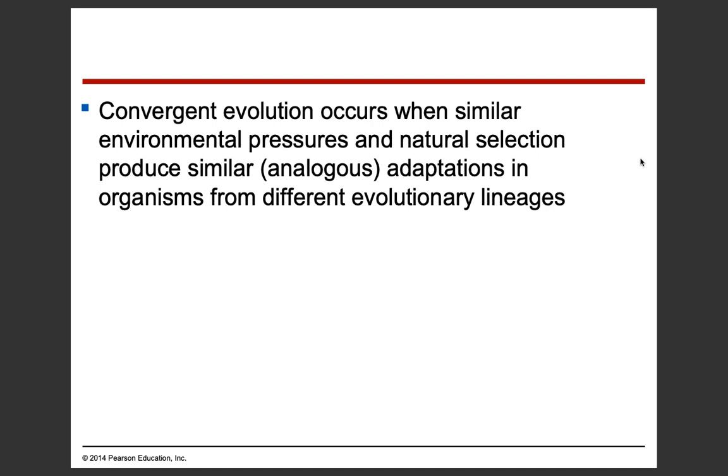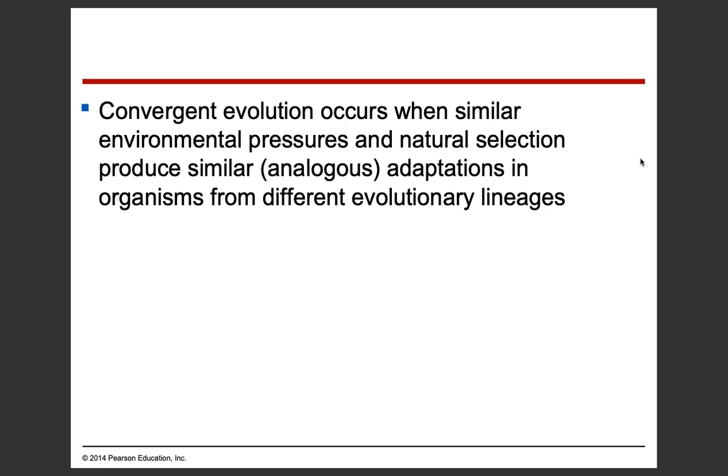Okay, so convergent evolution occurs when similar environmental pressures and natural selection produce similar or analogous adaptations in organisms from different evolutionary lineages. Like I just said, a butterfly, a bat, a bird. They do not share an immediate common ancestor. We have an insect, we have warm-blooded and cold-blooded organisms, right? A mammal is not going to be in the same group as an insect.